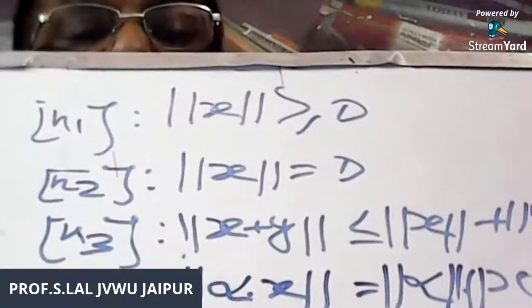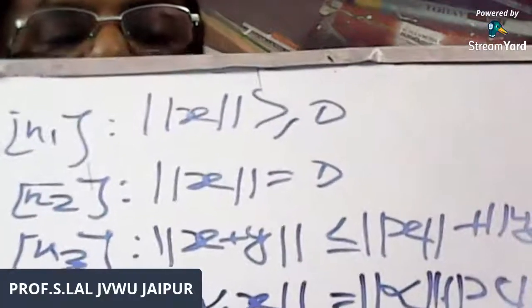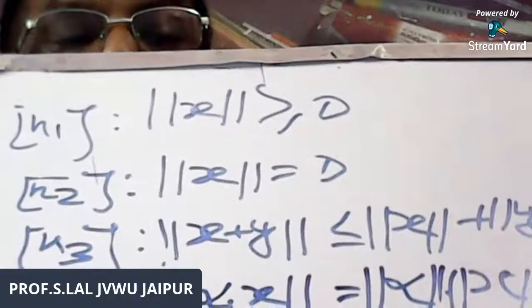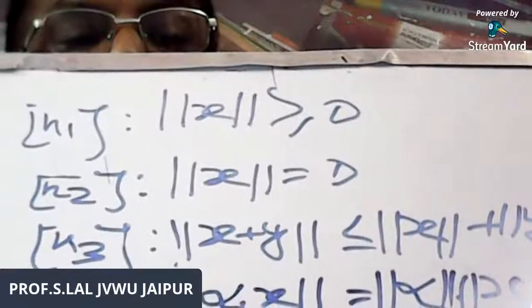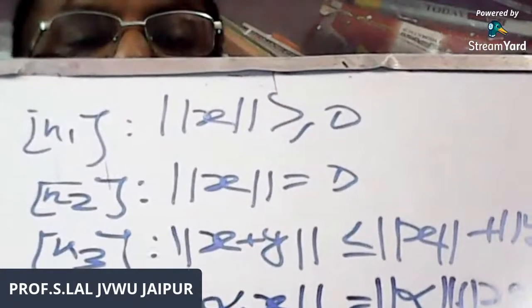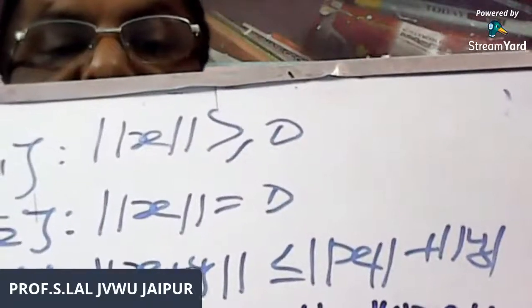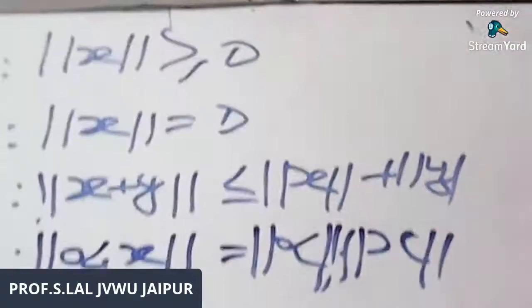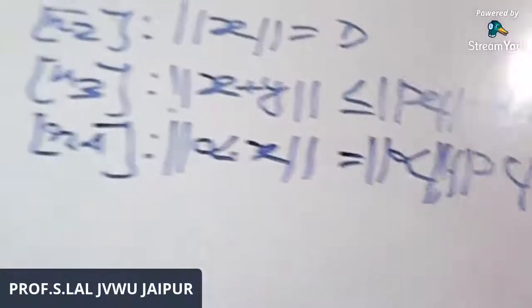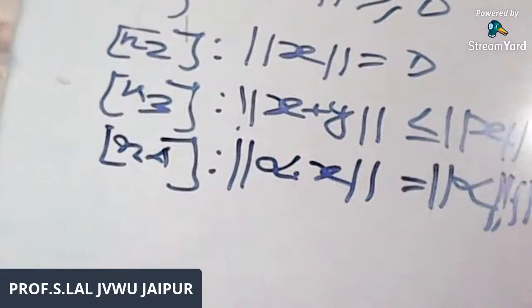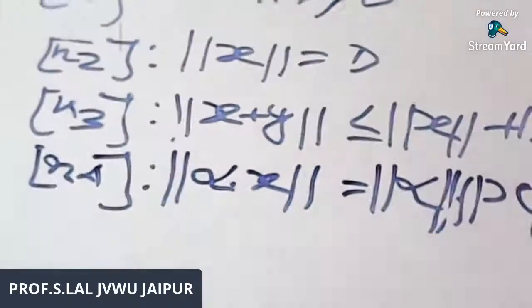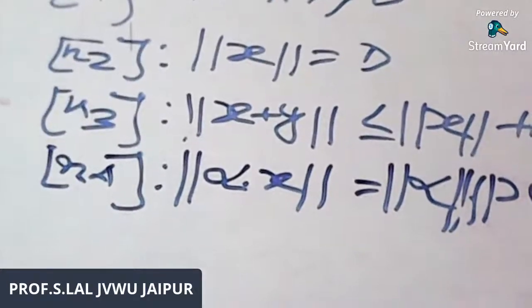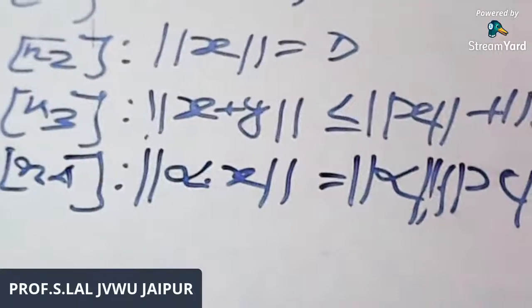And the third, N3 such that norm of x plus y is less than or equal to norm of x plus norm of y. The last is N4, that is norm of alpha into x is equal to norm of alpha into norm of x.